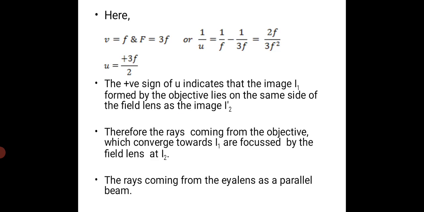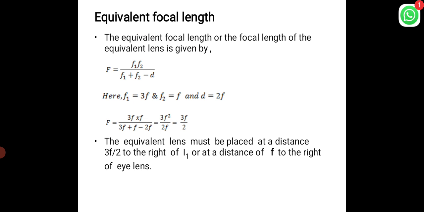The positive sign of u indicates that the image I1 formed by the objective lies on the same side of the field lens as the image I2 dash. Therefore, the rays coming from the objective which converge towards I1 are focused by the field lens at I2. The rays come out of the eye lens as a parallel beam.